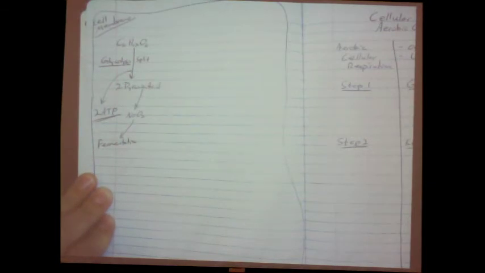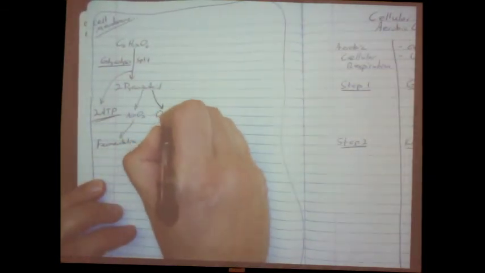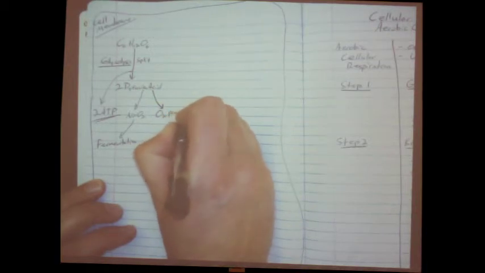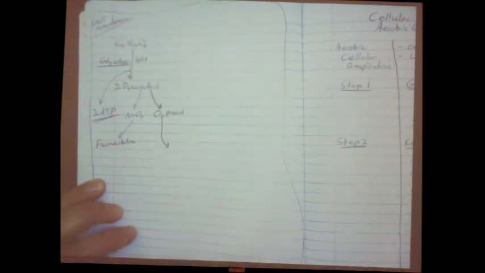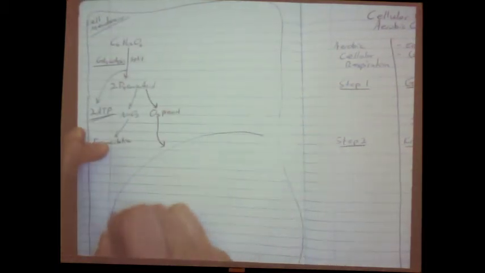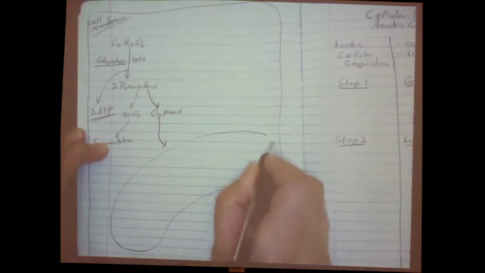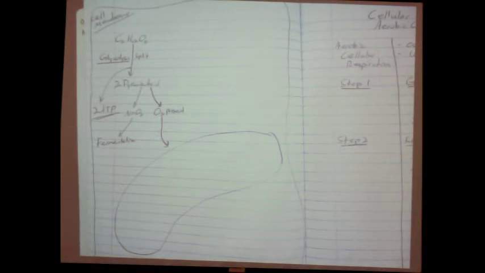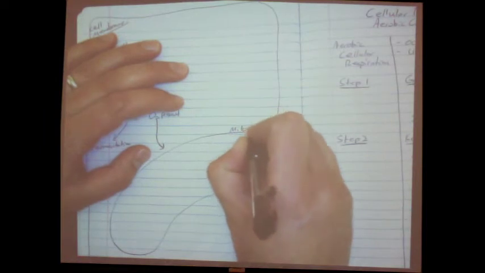But today, we're talking about what happens if there is oxygen, if oxygen is present. And if oxygen is present, then we have to go into this big, huge, kind of jelly bean, kidney bean sort of shaped organelle, which is called our mitochondria.